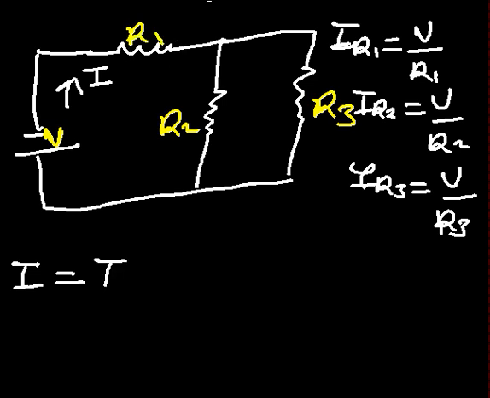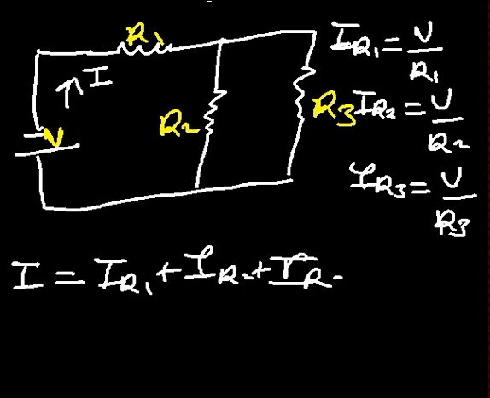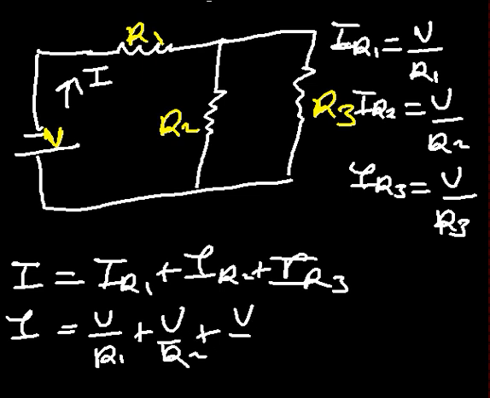So we have the current across R1 plus the current across R2 plus the current across the R3 resistor, which is the same as V over R1 plus V over R2 plus V over R3.